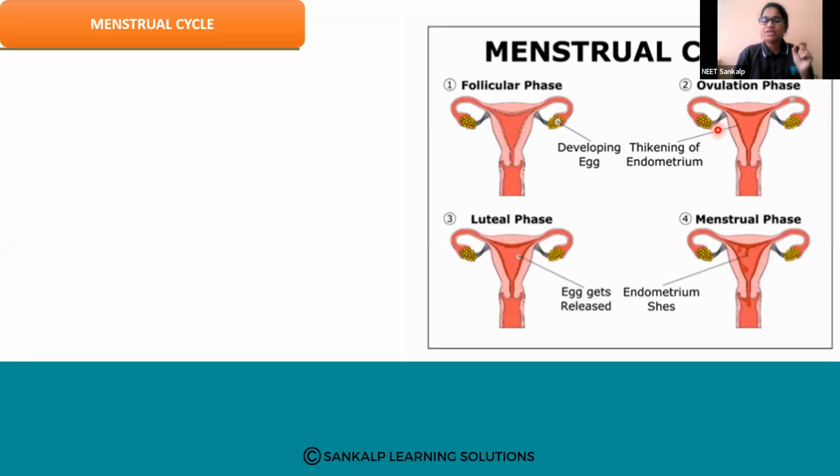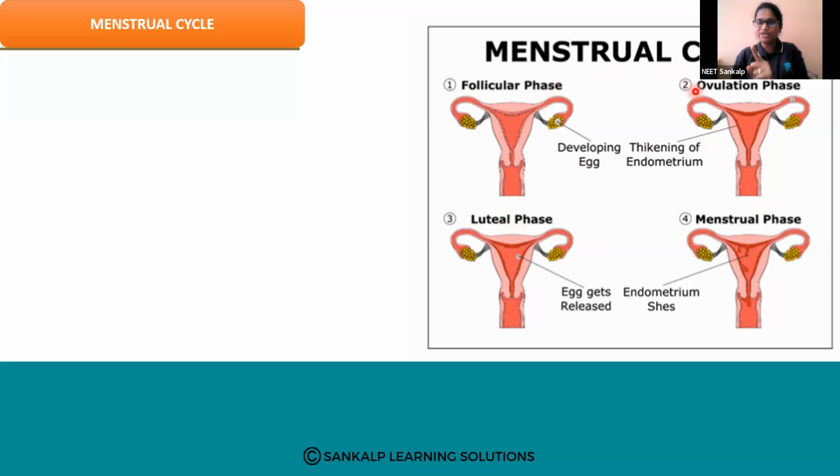Which layer? The stratum functionalis, the inner layer of the endometrium. That shedding of the layer is called the menstrual phase, which we know by the bleeding, that is, blood oozes out from the vagina. Then the luteal phase, when the egg is released and comes to the uterus.